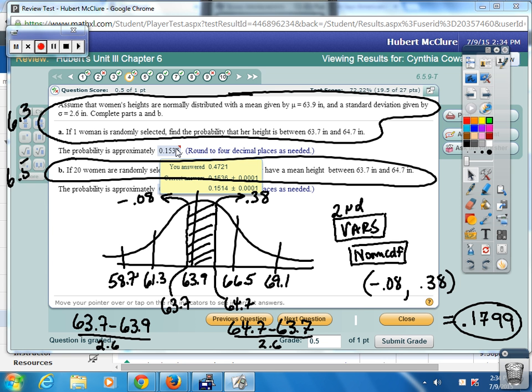Okay, on the second thing, is it not 0.308 instead of 0.38? All right, so it's not entirely wrong. I just misinterpreted y'all's whispers. Sorry. 0.308, that would make a difference. I think that's right. So somebody do second bars, normal CDF, negative 0.08 to 0.31.